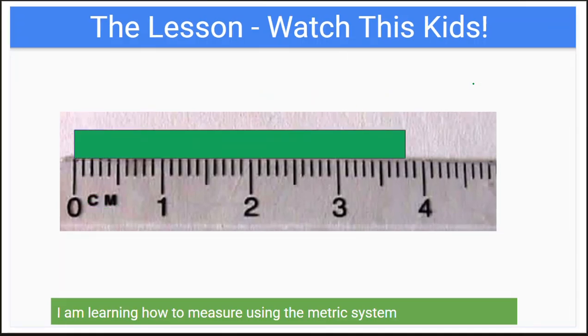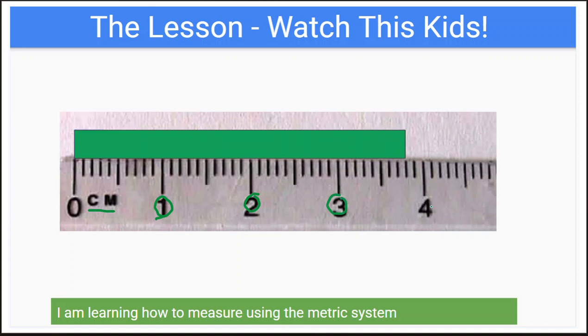How about this one? We know we're using the metric system because we can see it right there, centimeters. Well, we know it's bigger than 1 centimeter, right? That's bigger than 10 millimeters. 10 millimeters equals 1 centimeter. Another 10 millimeters equals 2 centimeters. Another 10 millimeters equals 3 centimeters.